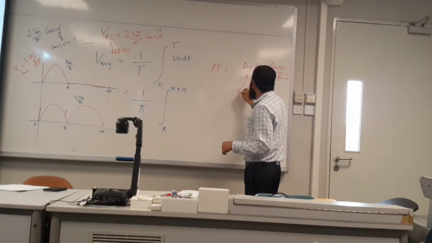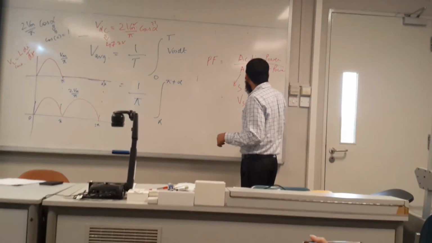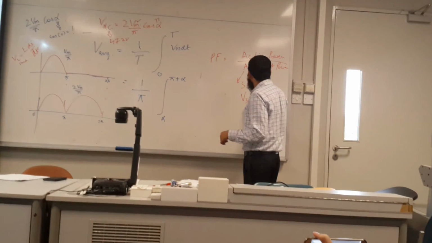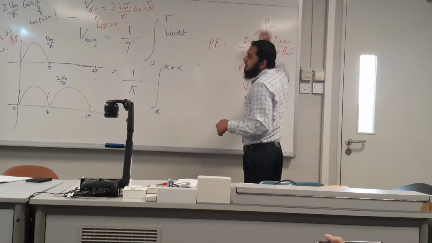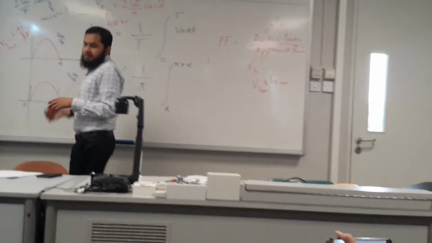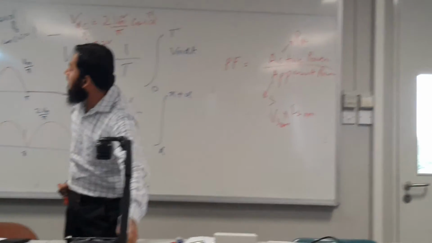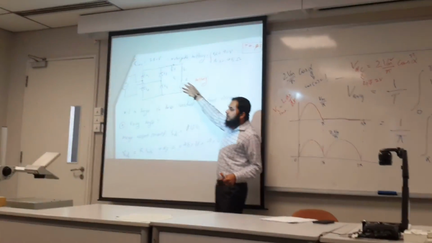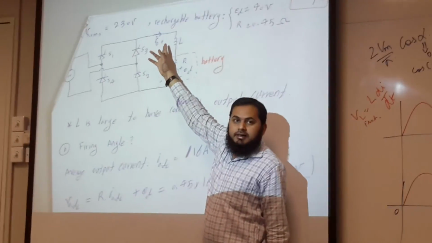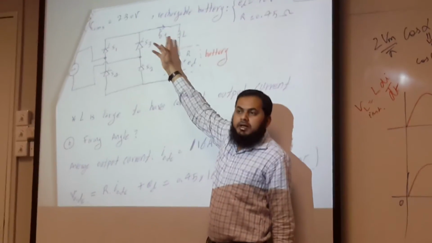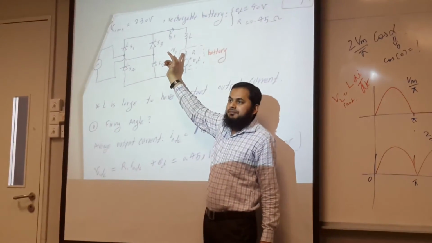The apparent power S here is equal to Vs into Is RMS. The active power is the DC power consumed in the circuit, where the active power is consumed in the battery and the resistor.